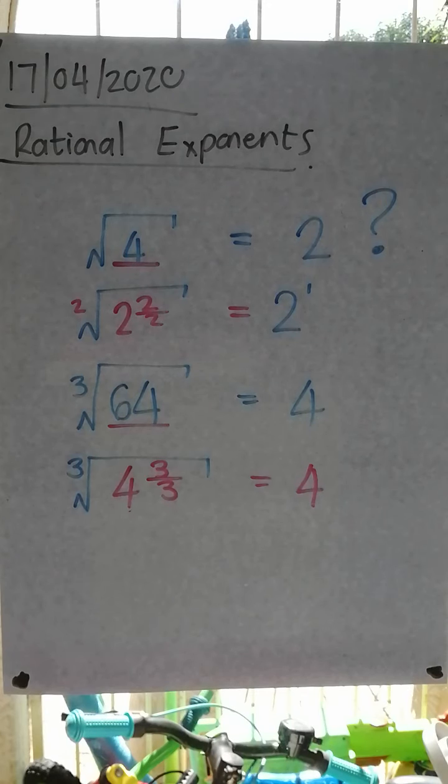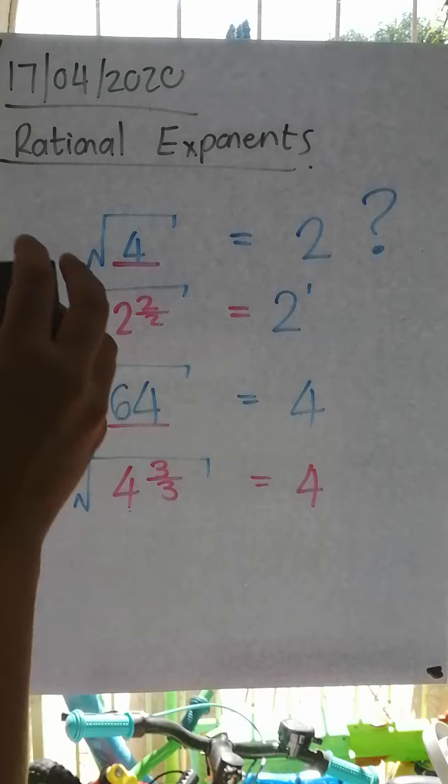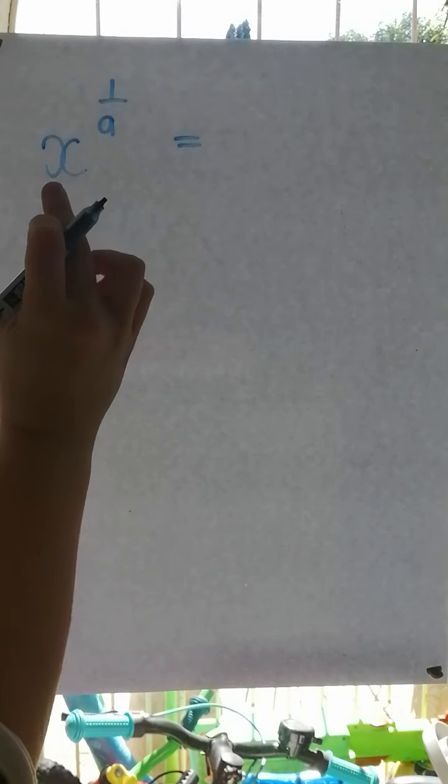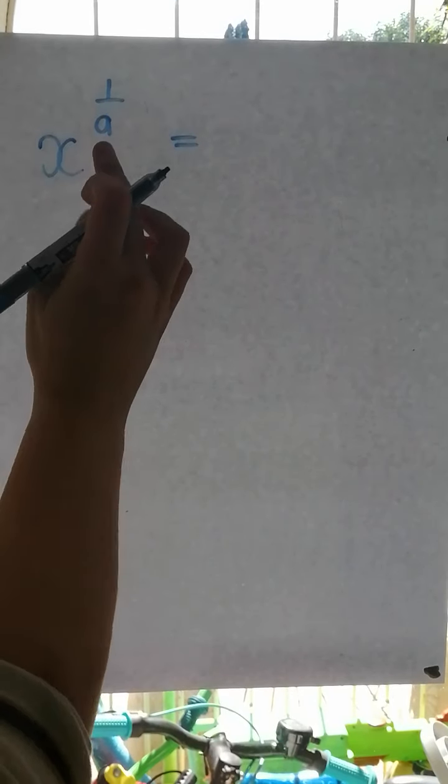And it is this idea that rational exponents draw on. So there are some rules, or laws. The rational exponent laws say that if I have a base raised to an exponent that's a fraction, how can this be written?